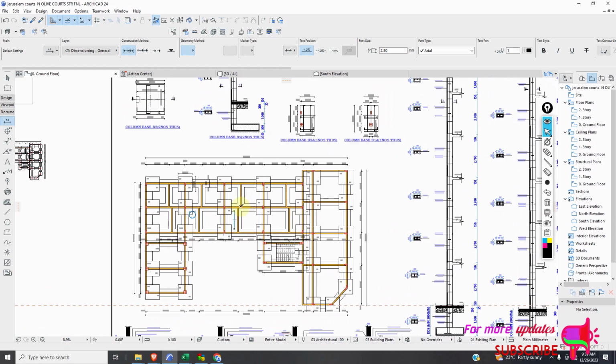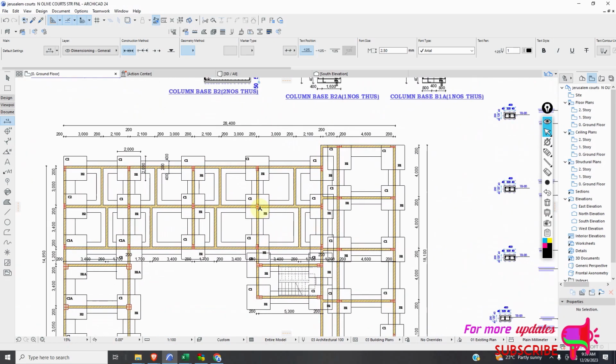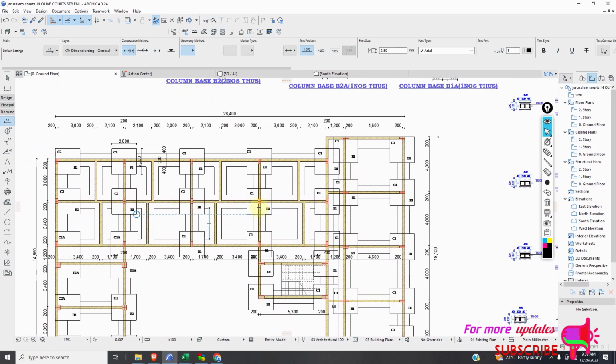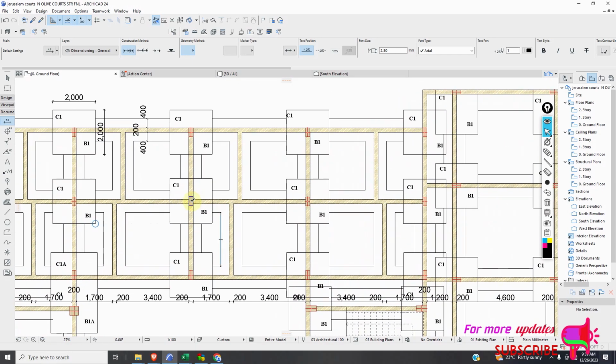So for me, I think the most critical column is this one, because you can see, unlike this column here, it is taking load from this panel here, and this panel, and this panel, and on top of that, it is taking load from this beam from here to here, and this beam from here to here, and this beam from there to there, right?